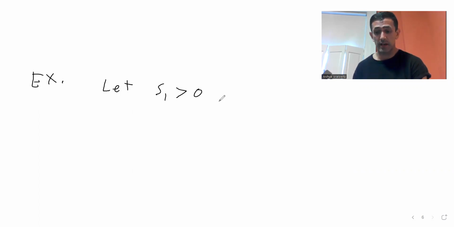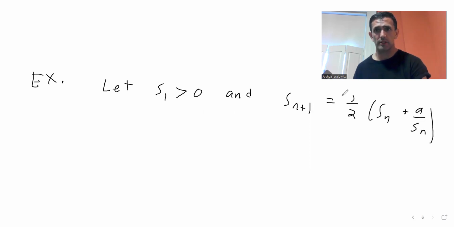We're not going to get into that. So let's say S1 is positive, and let's say Sn plus 1 is 1/2 of Sn plus A over Sn. As I said, this is an algorithm to compute square root of A, where A is positive.